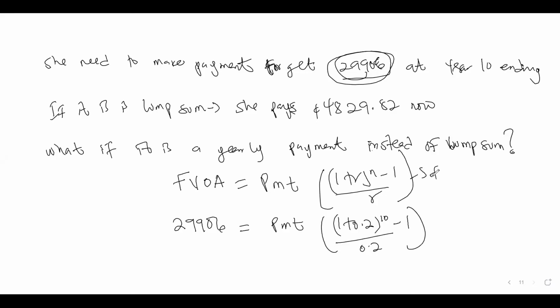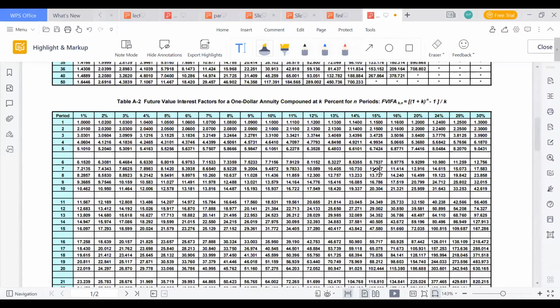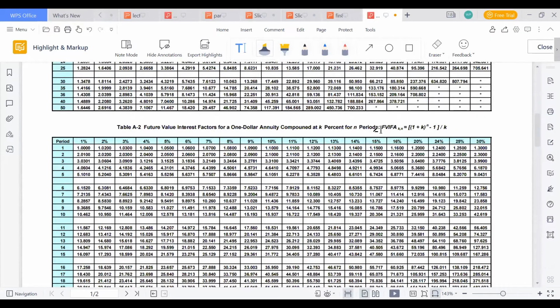Remember, this thing is the future value interest factor of annuity. So instead of punching the calculator, you can go and read the future value interest factor of annuity, 20%, 10 years, from the second table.